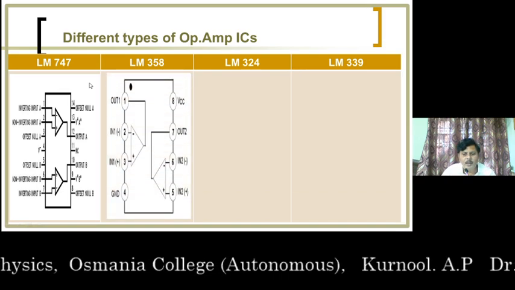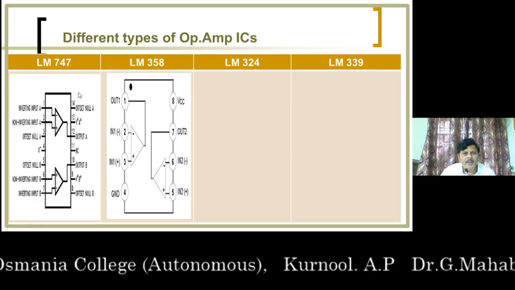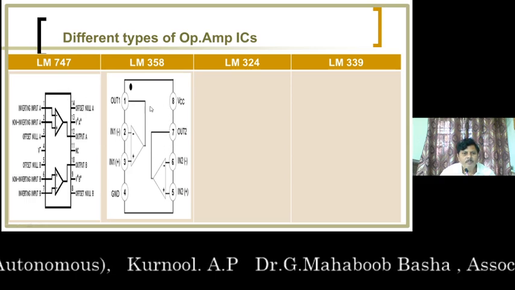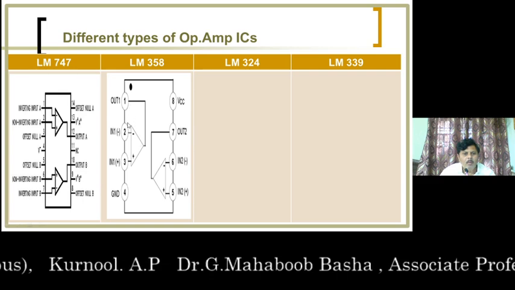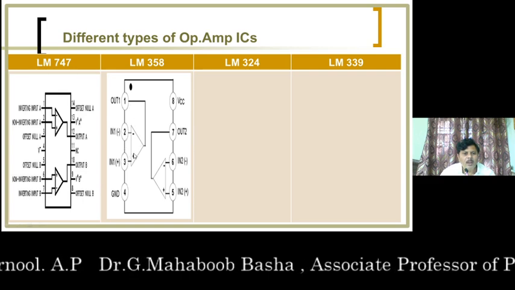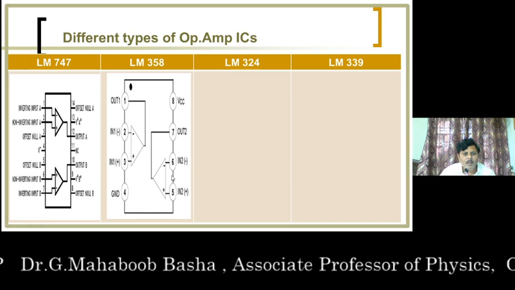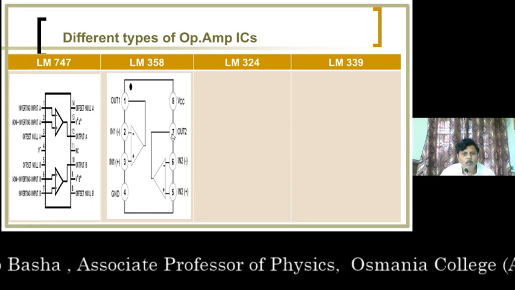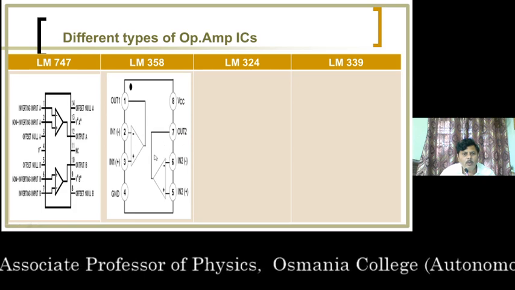Next you will see LM358. This LM358 op amp IC is available in the market with 8 pins. Here 2 and 3 are the inputs of the first op amp, 1 is the output, 5 and 6 are the inputs of the second op amp, and 7 is the output. Here we don't need a dual power supply.